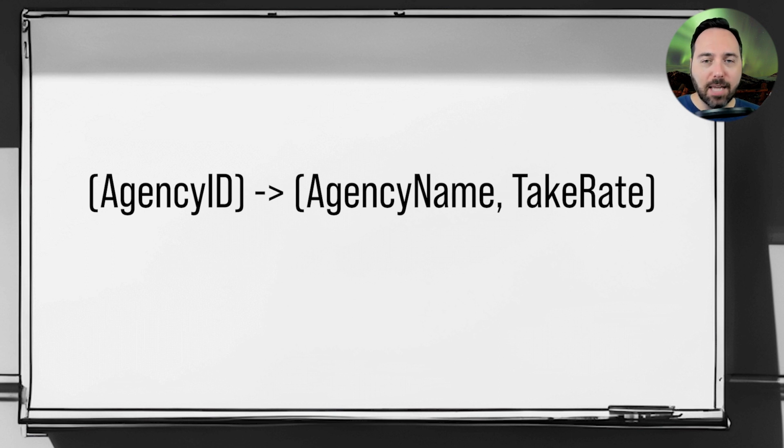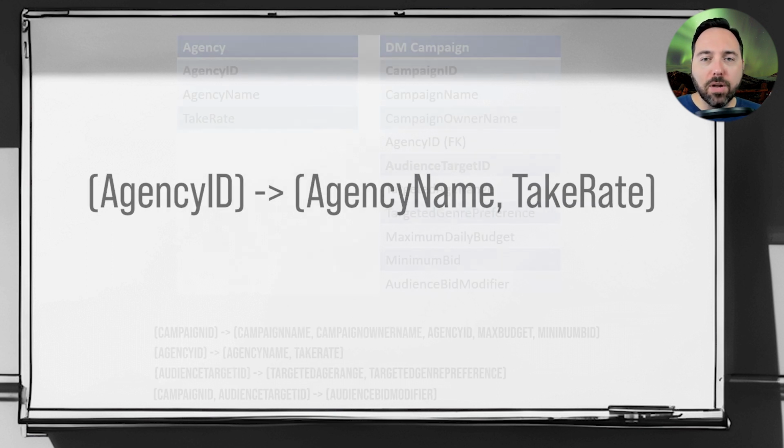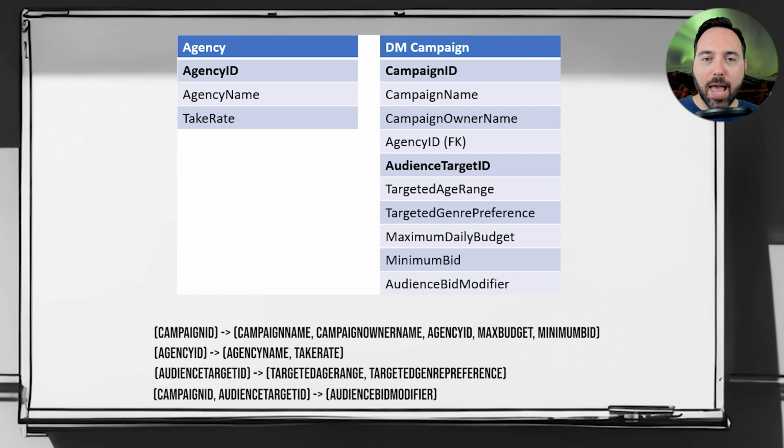And Z is everything else. We'll create one rel var called agency, which includes the agency ID, the agency name, and the take rate. Then, our other DM campaign rel var will keep agency ID on as a foreign key, but we'll remove agency name and take rate.